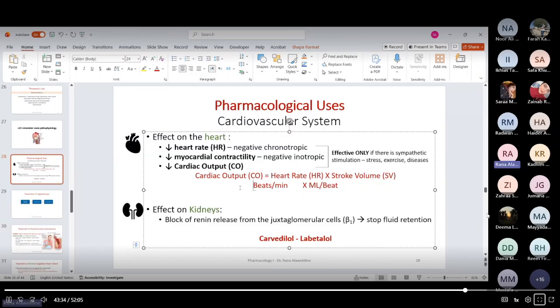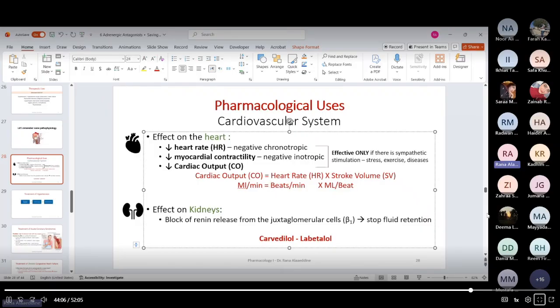All right. So guys, the heart rate is how many beats per minute. The stroke volume is how much blood volume the heart is pushing out per every beat. So the cardiac output, guys, is usually how much volume does the heart push out per minute.